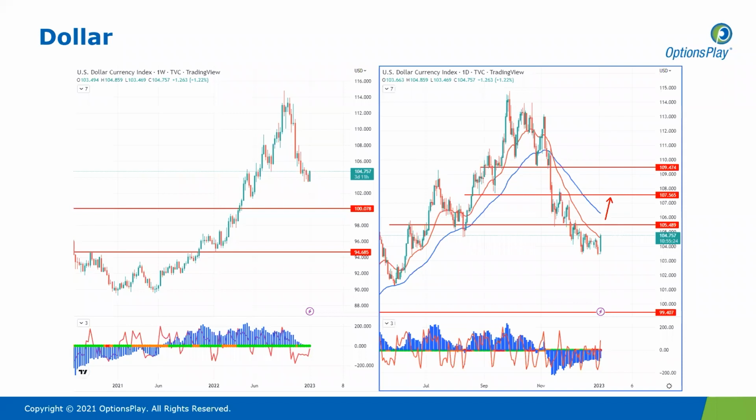Let's see how this plays out over the next few days, but we are seeing a few clues as to capitulation for the dollar, increasing momentum despite price decreasing. And overall, the more recent weeks have seen more choppy price action as opposed to a strong decline. So we may see the dollar continue higher, especially if what the Fed says is true, with interest rates being higher for longer. That would be a bullish case for the dollar.